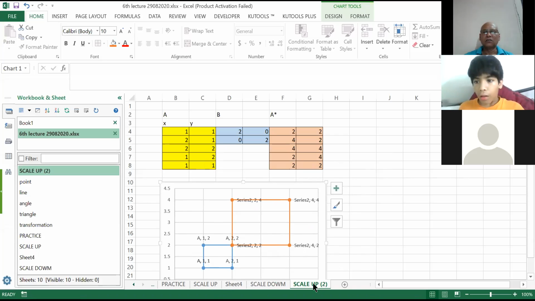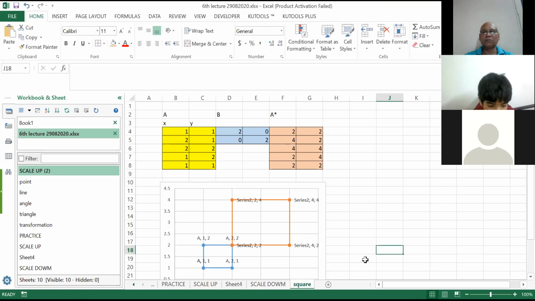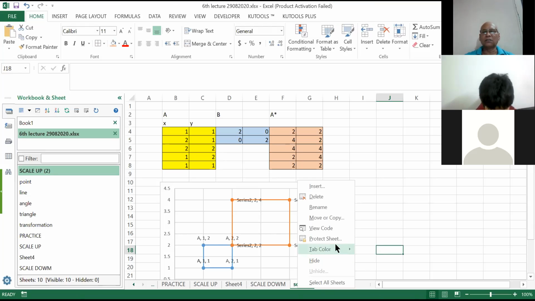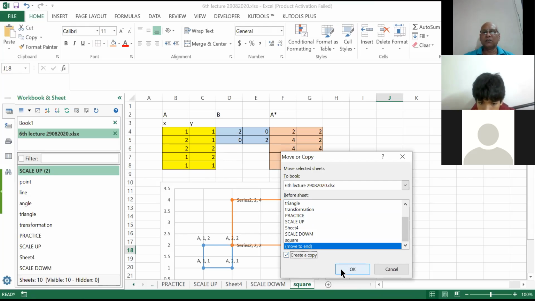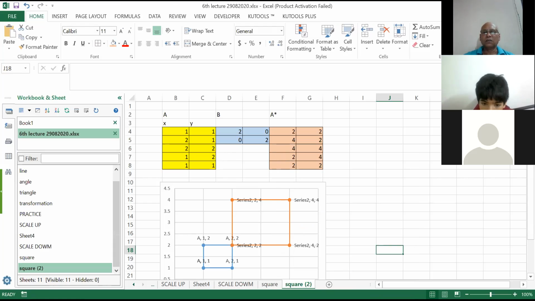So this is a square, and we have scaled it up. And then in a similar way, I will go there, move and copy, and okay. And this is the square.